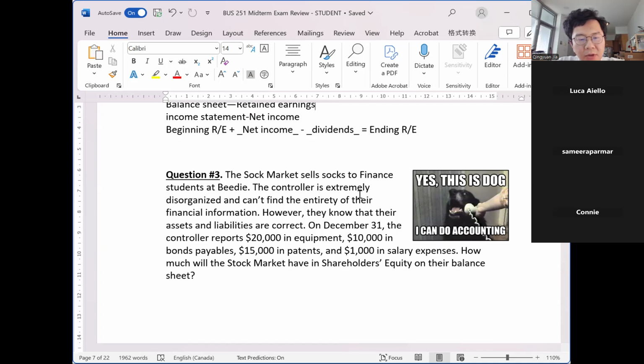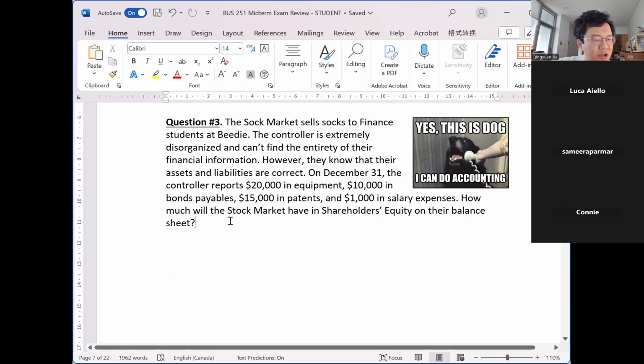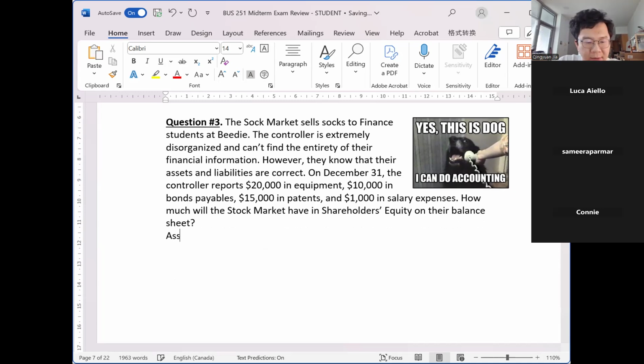So how much will the Stock Market have in shareholders' equity on their balance sheet? So the question is talking about the balance sheet. Then it means that we have to use the fundamental equation of assets equals liabilities plus equity.